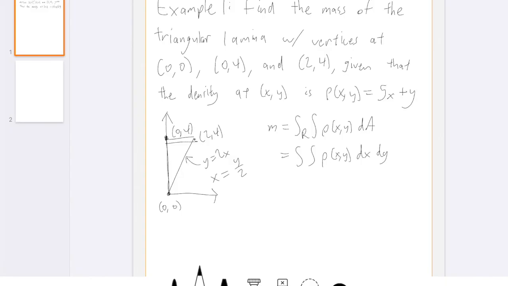So if we look at this row here, it goes from x equals 0 all the way over to this line, which would be x equals y over 2. So the bounds for the x integral will be 0 to y over 2. And then remember, we're adding up a bunch of these rows, so we're going to go from y equals 0 to 4. And then we're just going to substitute in our density function.